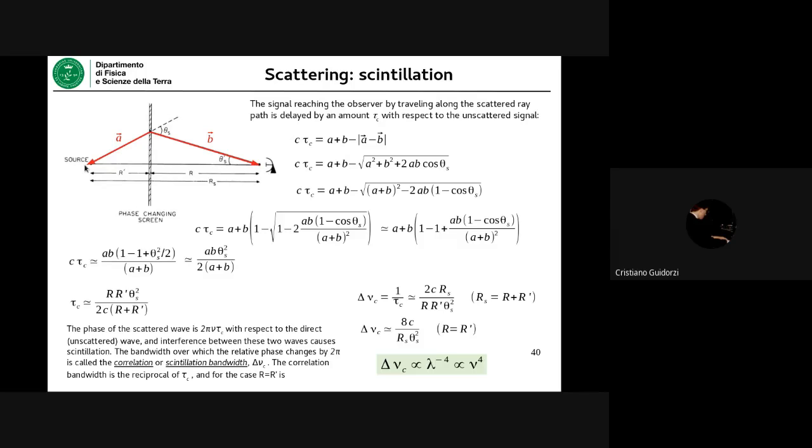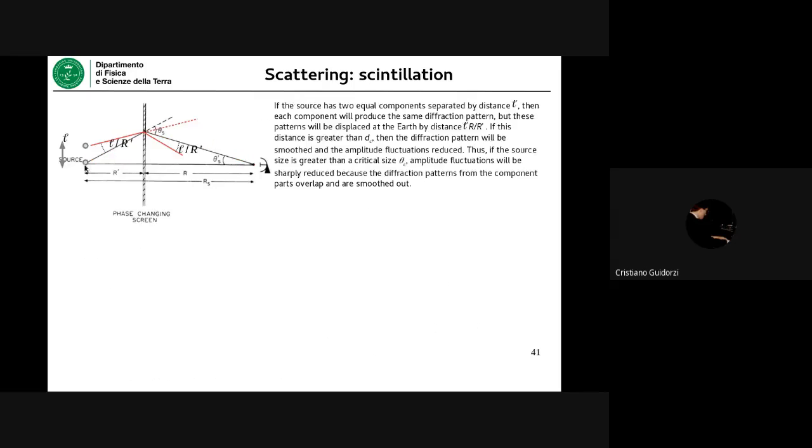What happens when I consider an extended source? So a source whose size is not negligible. Well, to investigate this, let's consider the simplest extended source we can think of. So a source which is made of 2 point-like sources, separated by a distance which I call L, which is this calligraphic L.